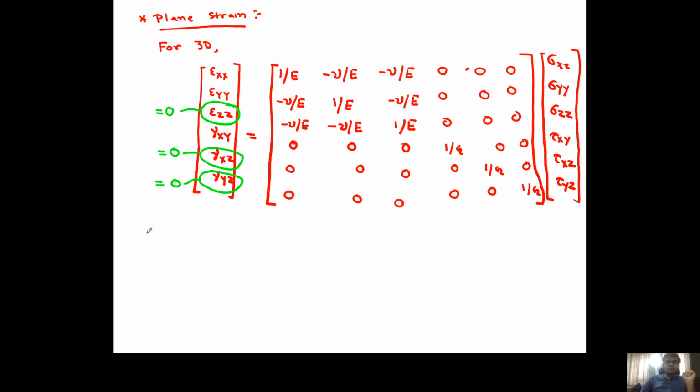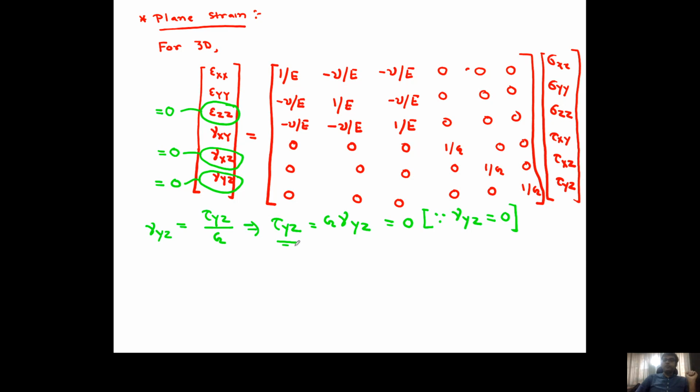Gamma yz is equal to tau yz by G, which implies that tau yz is equal to G times gamma yz, which is equal to 0, because gamma yz is equal to 0.